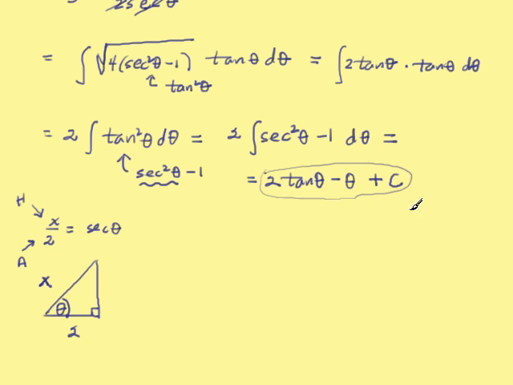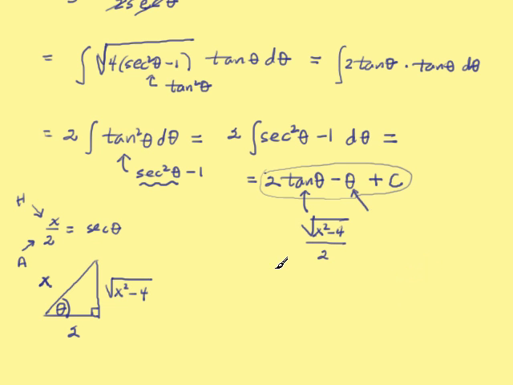All right, now this side, using Pythagorean theorem, is the square root of x squared minus 2 squared, x squared minus 4. All right, so now we have no problem filling in tangent theta. Tangent theta is this over this, opposite over adjacent, square root x squared minus 4 over 2.